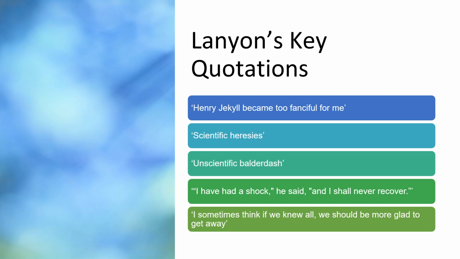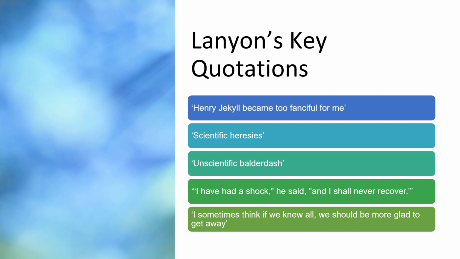Then we have the last quotation on here. I sometimes think if we knew all, we should be more glad to get away. This really does reflect his inability to change. The fact that he's happy to die. He's happy to leave this world behind because it doesn't fit with his beliefs, and his entire belief system has been shattered.